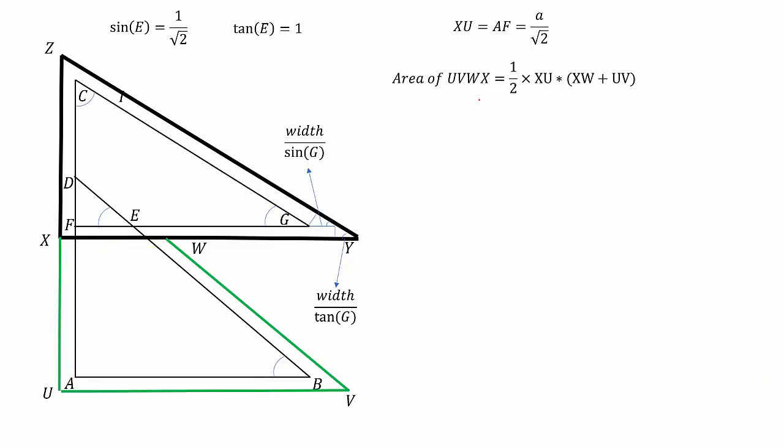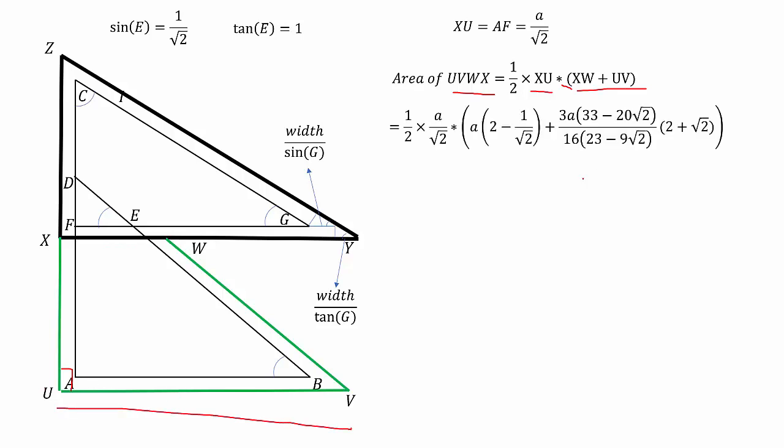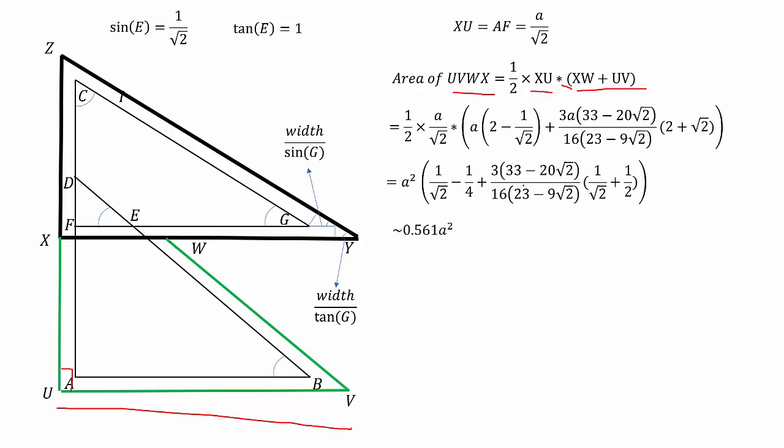Then we find the value for the area, which is 1 by 2 times the perpendicular length, that is XU, times the sum of the parallel lines, that is XW and UV. So let's do the calculation by putting in the values, and we reach this approximation of 0.561 a squared.